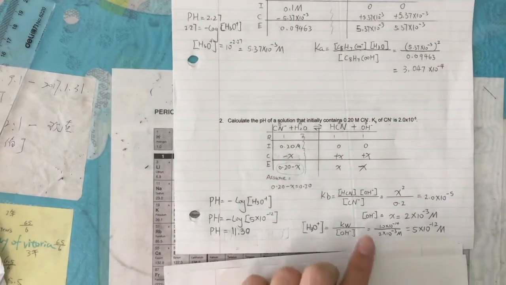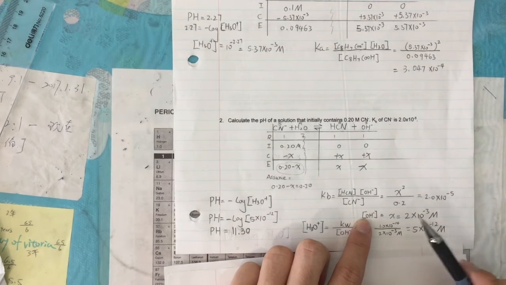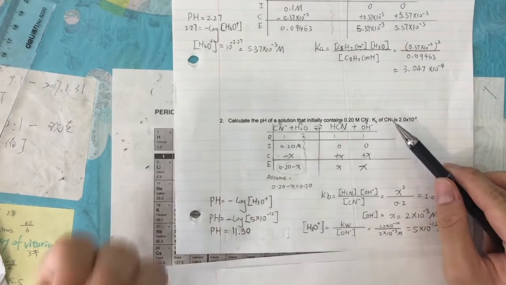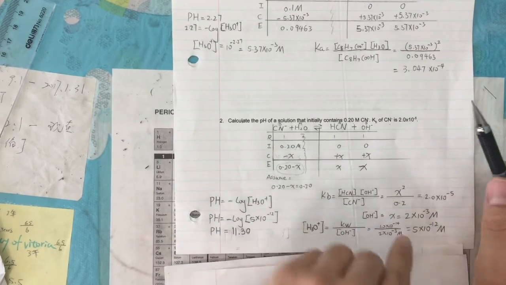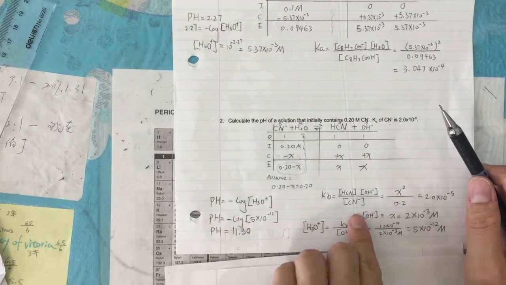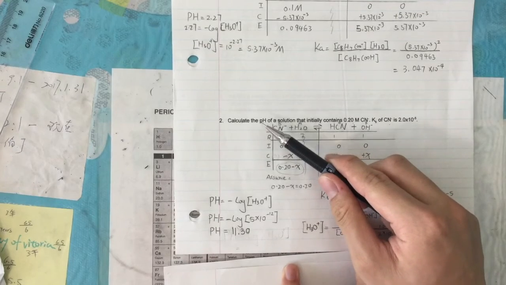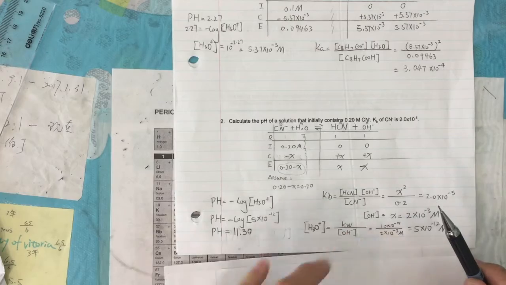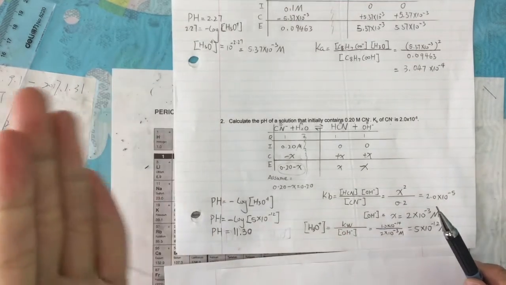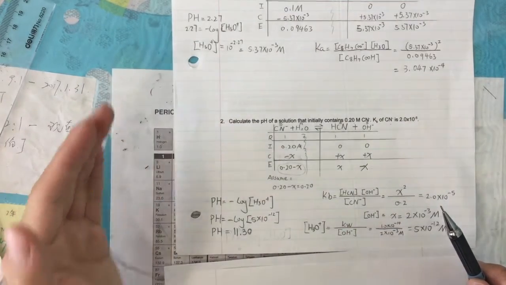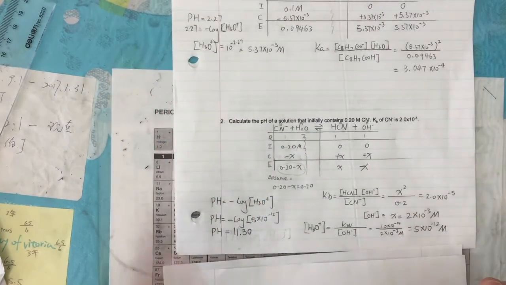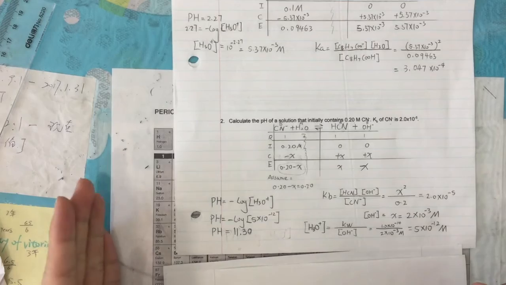If you notice that OH minus has the same concentration value as x, then to calculate the pH value we need to use the Kw formula, because the concentration of OH minus times the concentration of H3O plus is equal to the Kw value.